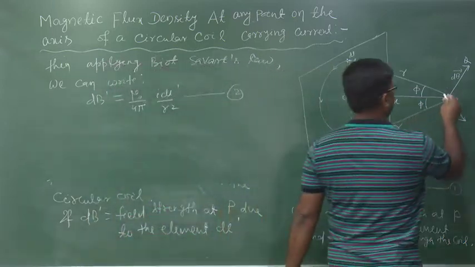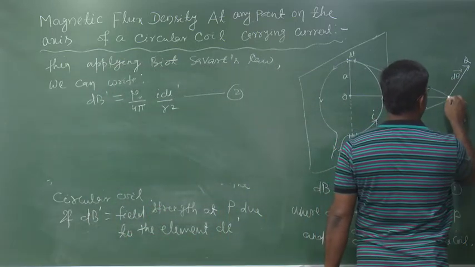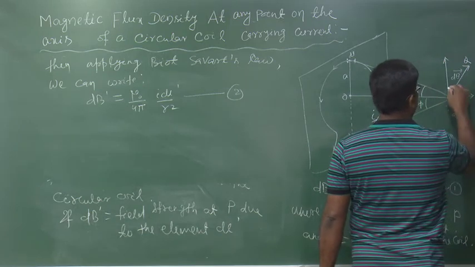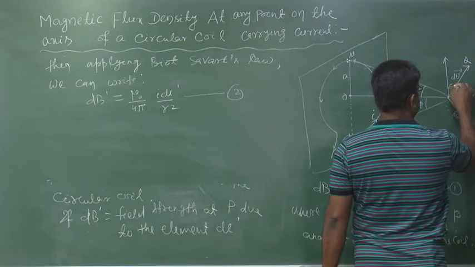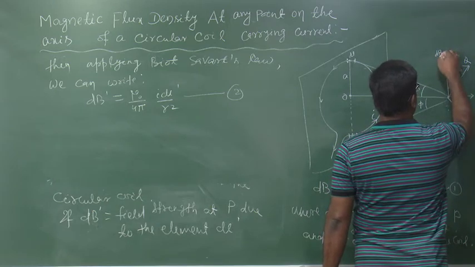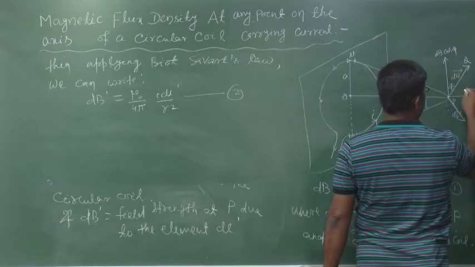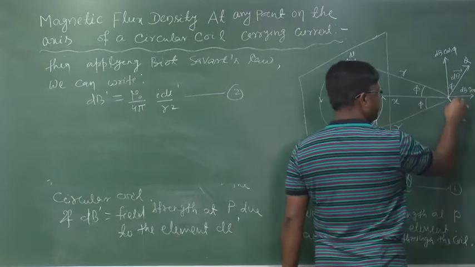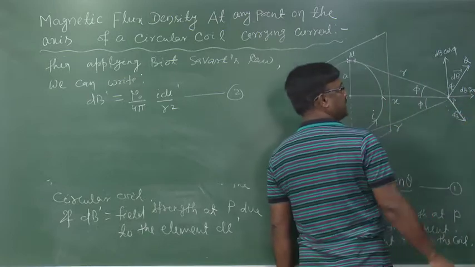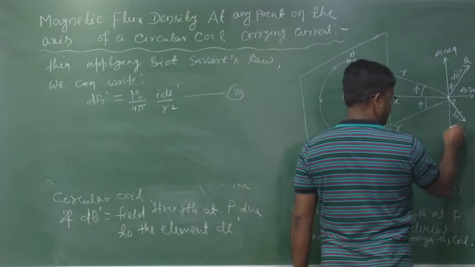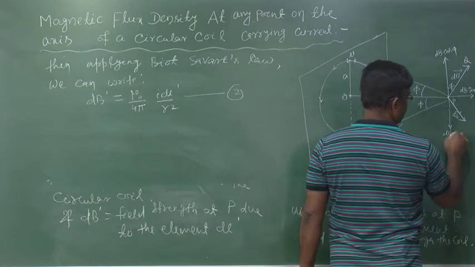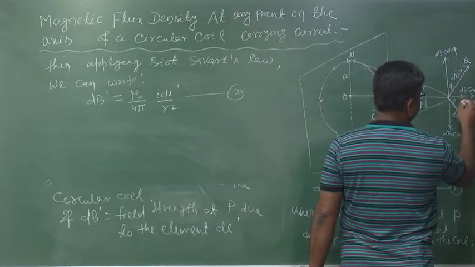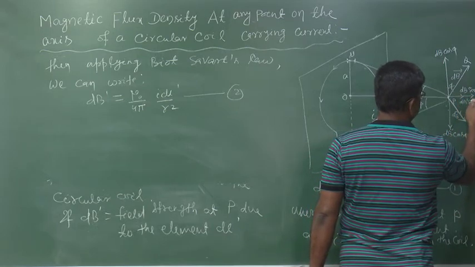Like here it can be resolved into this line and this line, and if this is phi, then it will be dB cos phi, and along this it will be dB sin phi. Similarly, if we resolve dB dash, then along this line it is dB dash cos phi, and along this line it is dB dash sin phi.